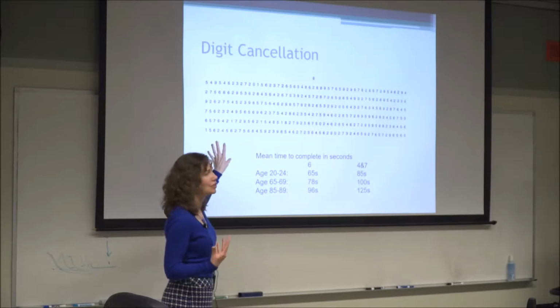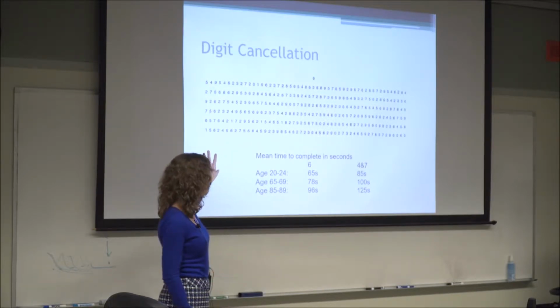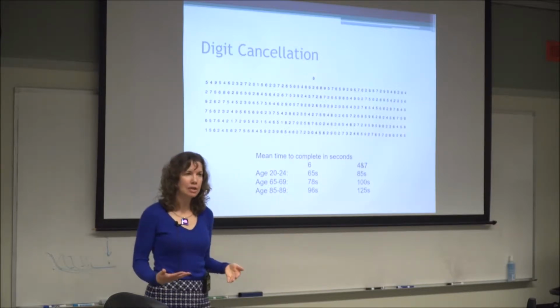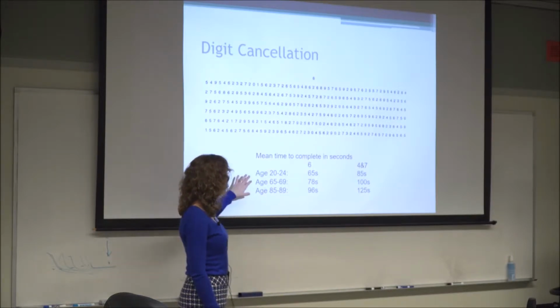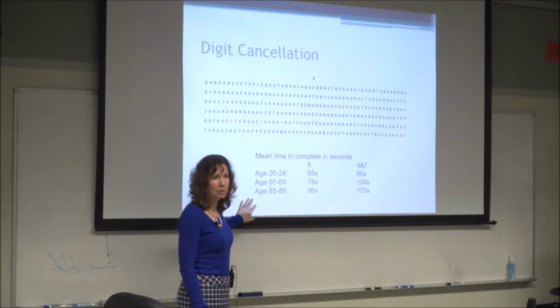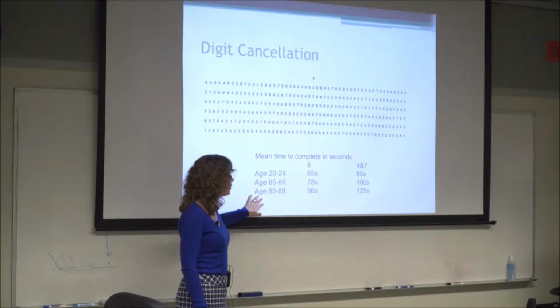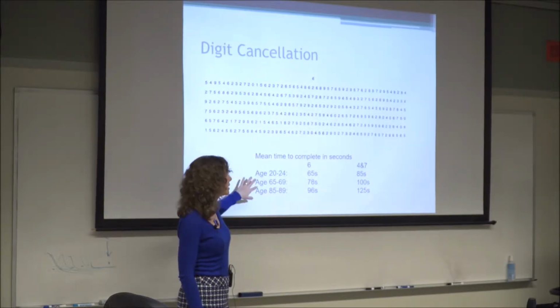You have to have good visual discrimination, and speeded processing is going to come into play here too. But in this sort of test, we look at the amount of time that it takes people to complete the task. And you can see that as people age, there's an increase in the amount of time it takes people to do the task. Between the 20s and 85, it takes a person almost 30 seconds more to complete this task.